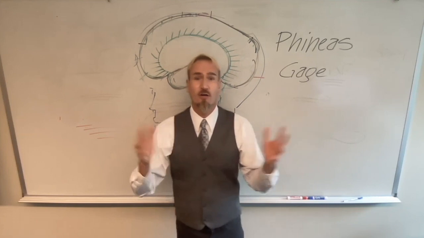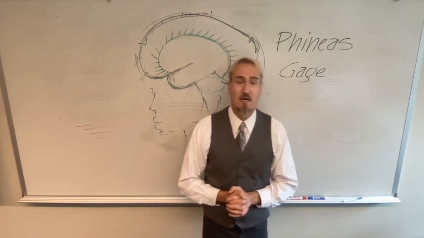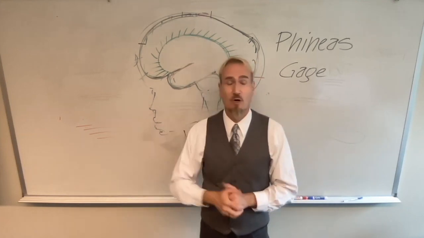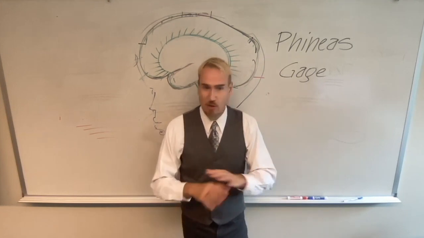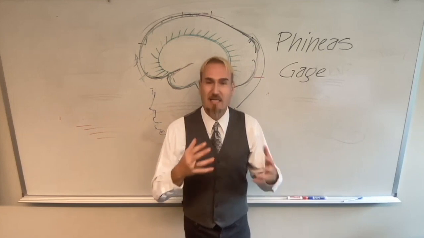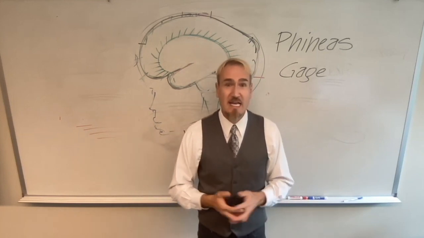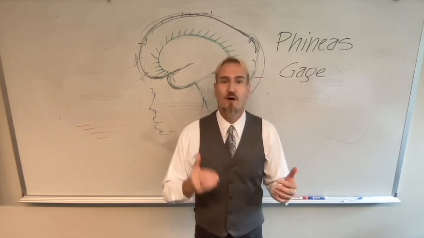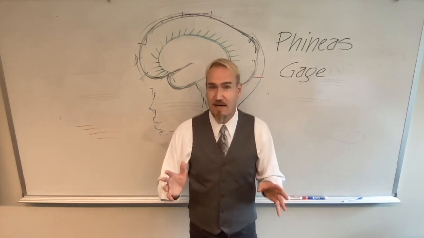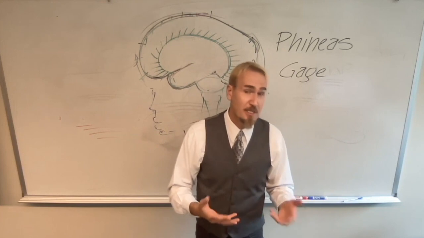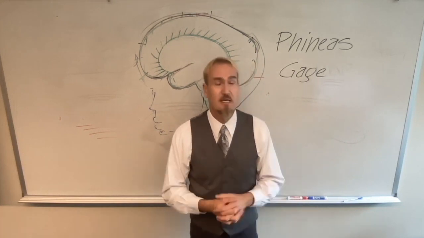It was a humongous explosion that really punctured his brain, his frontal lobes, with this metal rod, and it was a horrible accident, but he was able to survive, and none of his lower functions, including ambulation, gait, was that affected, but his personality changed, his emotion changed a lot.